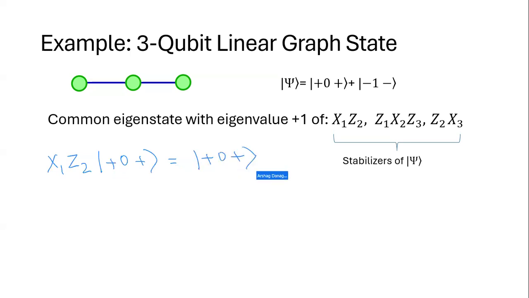And if you apply it on the other part, minus 1 minus, well, you're going to get a minus from the x1 side, so minus 1 from here, but also you're going to get another minus 1 from there, and they're going to multiply. Then I'm going to give you a plus 1.